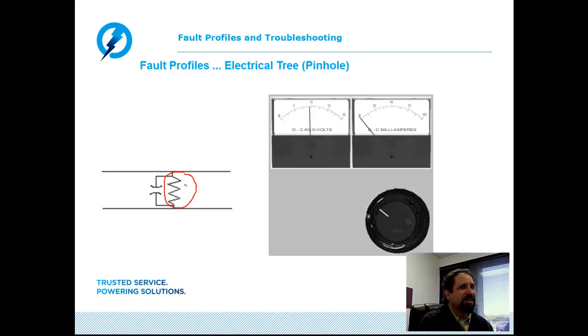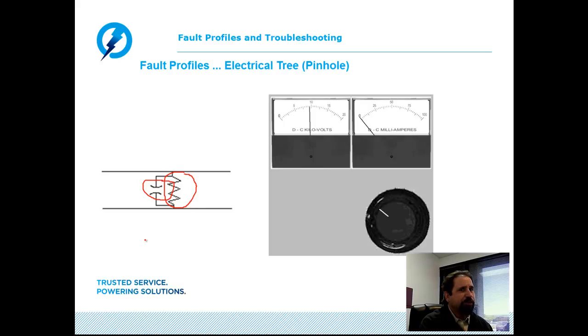That would tell us what the resistance was. Now, keep in mind that an electrical tree is a void that has developed inside the insulating material of the cable. So the other parameter that we have is a gap, a physical void or gap between the conductor and the concentric neutral or shield of the cable.